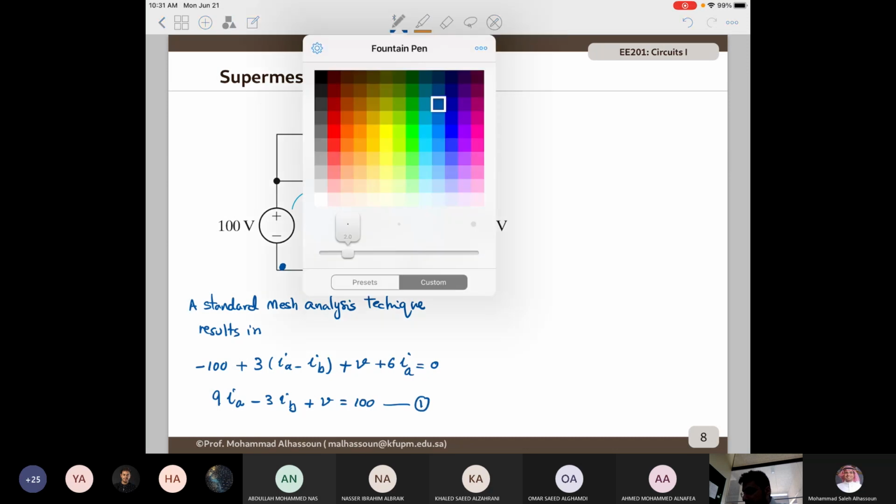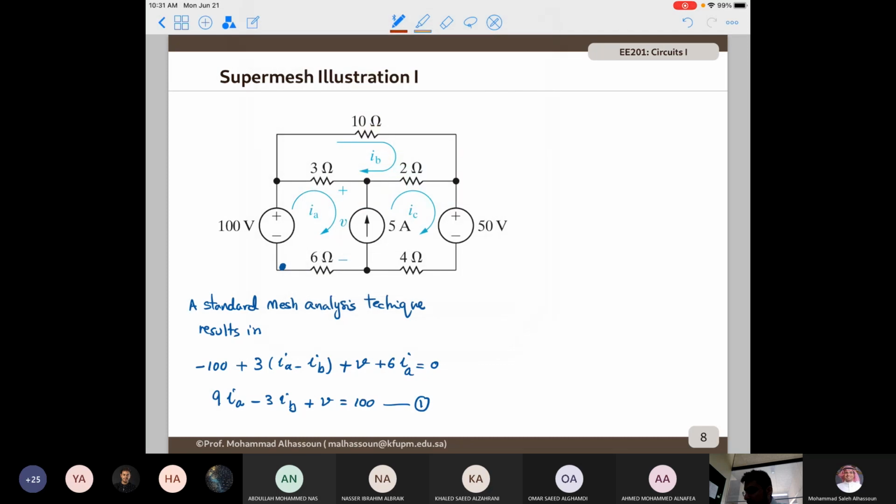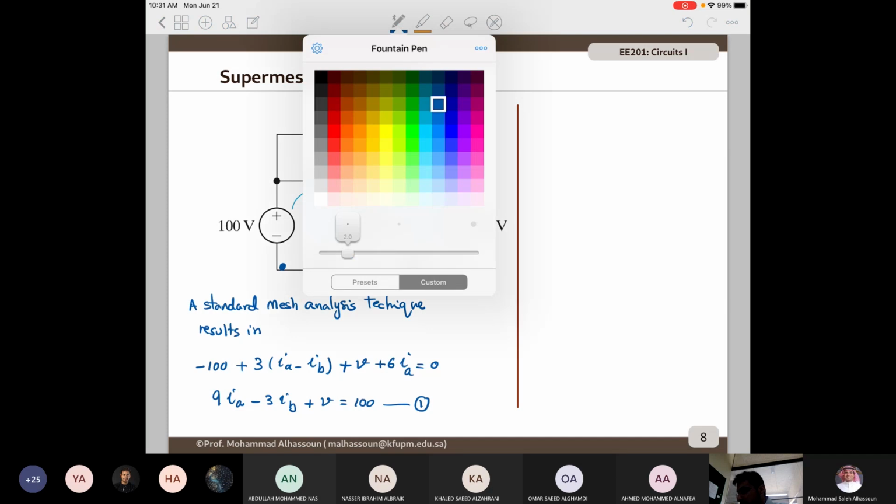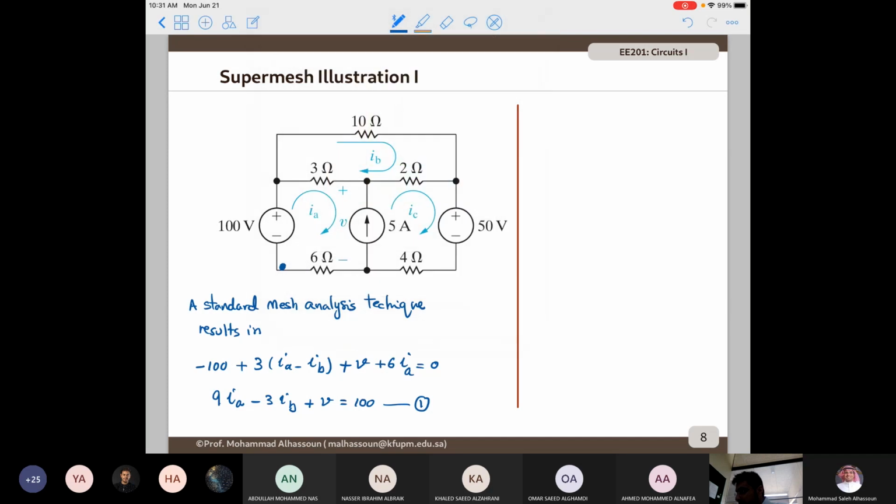So what about the second equation? By this time, hopefully we are all familiar with the mesh current method. So we're going to apply the mesh current method in loop B, this one.